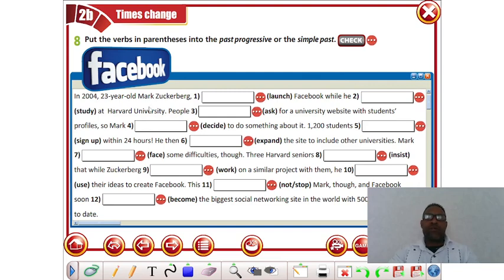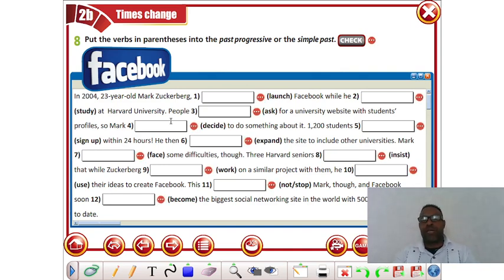Okay, on exercise 8 of this section, it says put the verbs in parentheses into the past progressive or the simple past. So in the previous exercise, you were supposed to know the difference between the past progressive and the simple past. And now you're going to use the information that you already know, and put the correct one where it belongs.